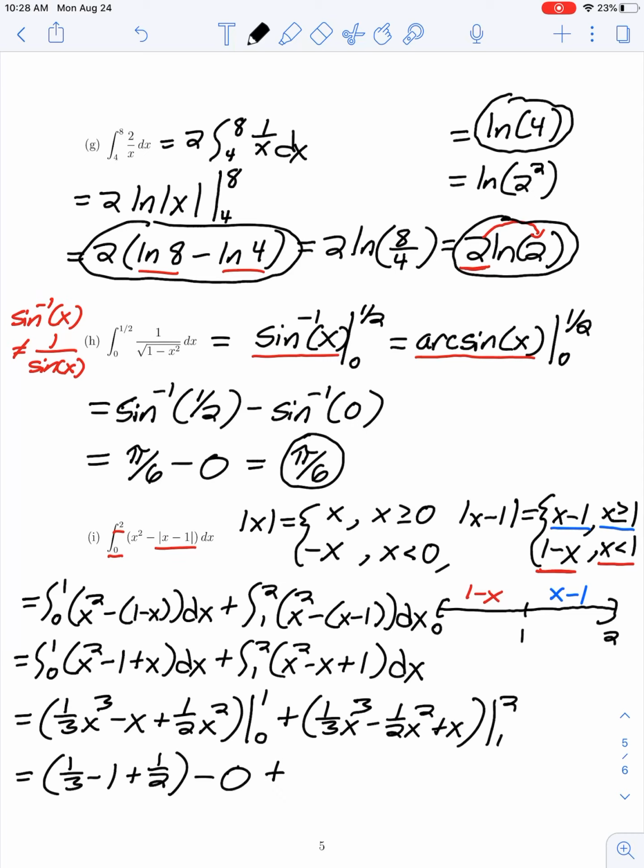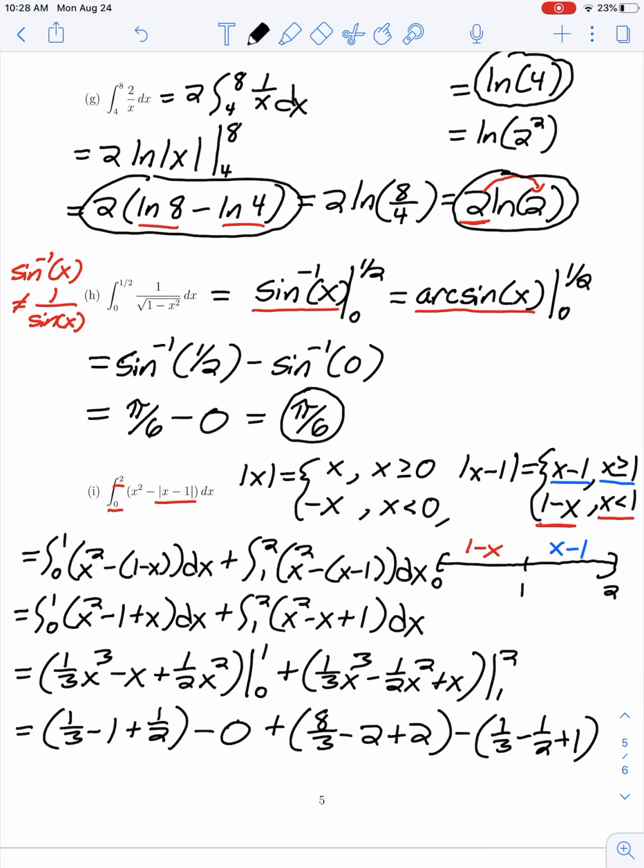Then we are adding, for our second integral, we evaluate at x equals 2, which would give us 8/3 minus 2 plus 2. And then we subtract the value that we get by substituting in 1, which would be 1/3 minus 1/2 plus 1.